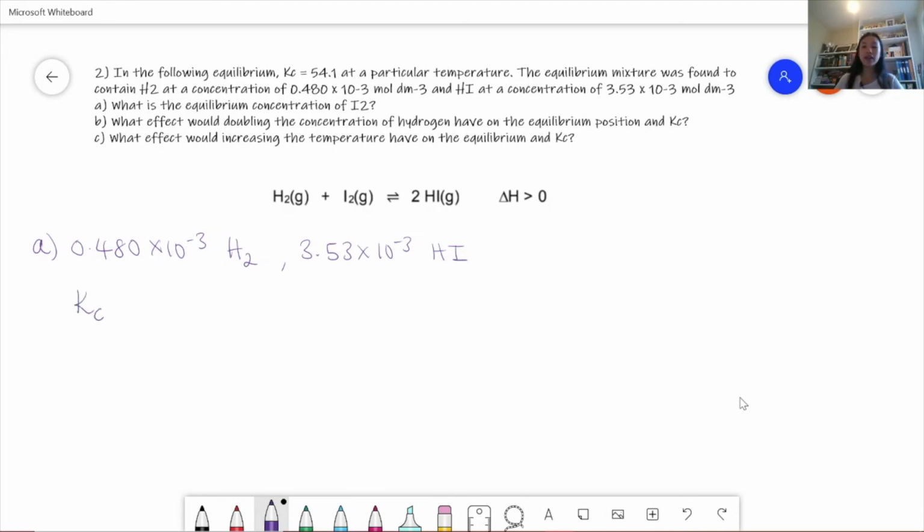So we have that Kc equals the concentration of HI at equilibrium squared divided by the concentration of hydrogen at equilibrium times the concentration of iodine at equilibrium. And so if we rearrange this formula, then we can find this equilibrium concentration of the iodine.